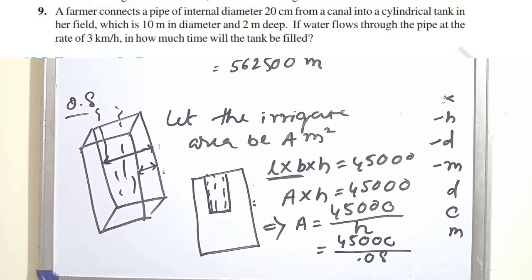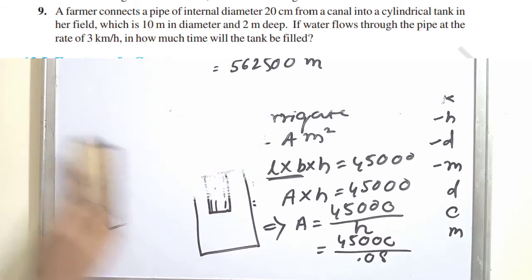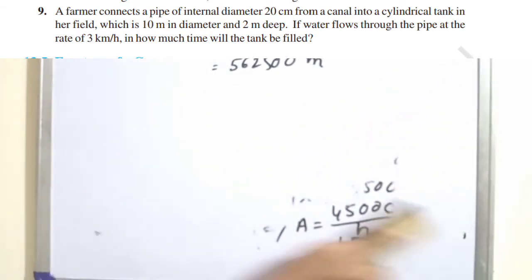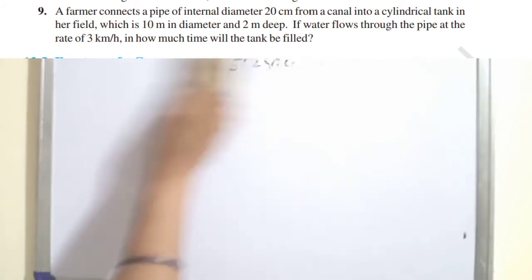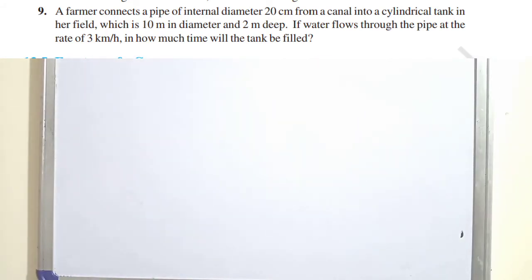Now last question, question number 9. A farmer connects a pipe of internal diameter 20 centimeter from a canal into a cylindrical tank in her field. So they had told us a farmer connects a pipe of internal diameter 20 centimeter from a canal into a cylinder.